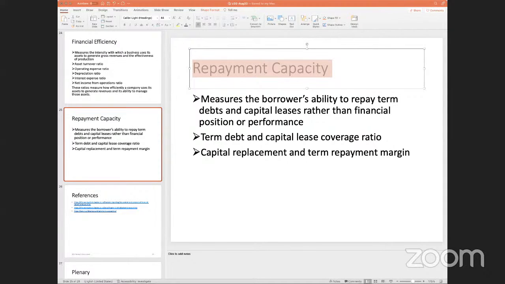And repayment capacity is important because it allows decision making to happen in the minds of borrowers, investors, banks, to see whether the business is able to pay its debt back on time, whether it's able to maintain its payments.